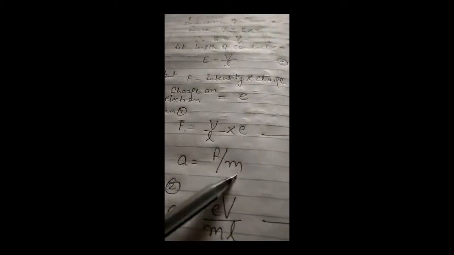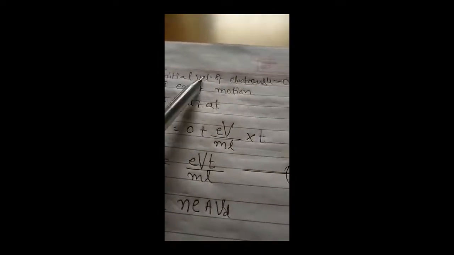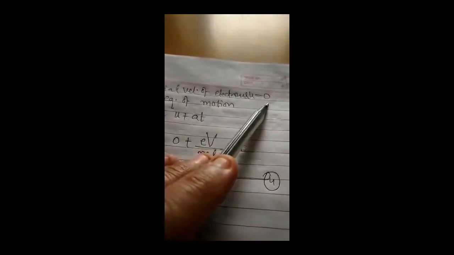But according to Newton's second law of motion, acceleration a is equal to F upon m. So from equation 2, this acceleration a will be equal to eV upon mL. This is number 3. Now suppose the initial velocity of the electron, denoted by u, is equal to 0.